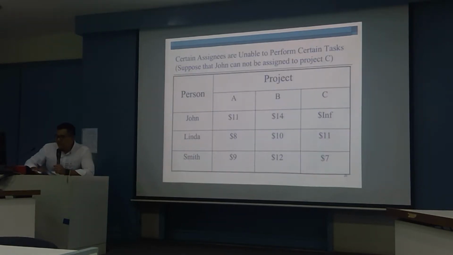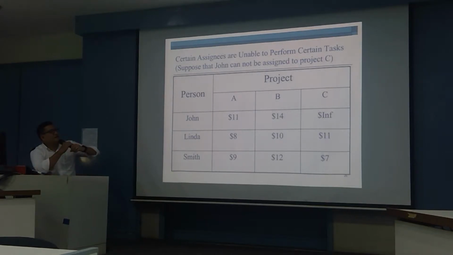In this case, using the same problem, I have one more condition: John cannot perform project C, because maybe there is a problem with the team member of project C. So we cannot assign John to project C, and the problem becomes a special case. The way we solve this special case is just like the transportation problem, where we have two approaches.